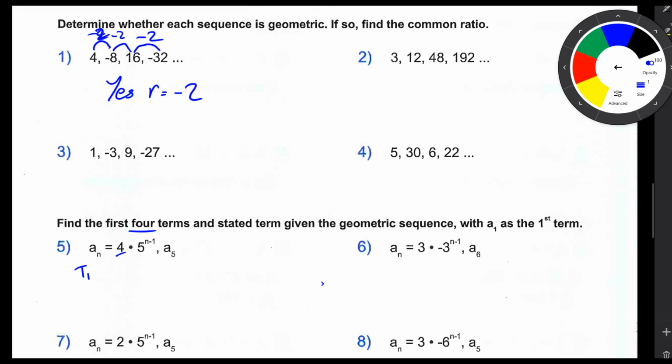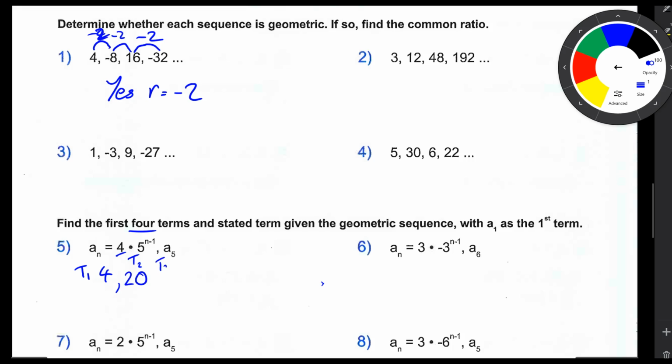So we get 4 times 5 to the 0, which is 1, so we get 4. Then we get term 2, which is 4 times 5 to the 2 take 1, which is 5 to the 1. So 4 times 5 to the 1 is 20, or 4 times 5.